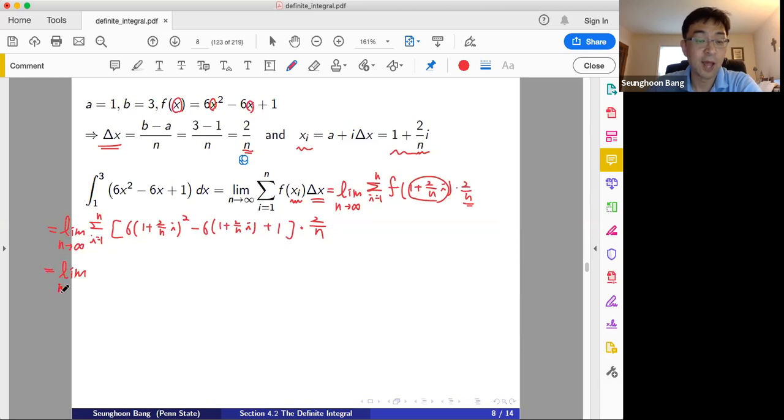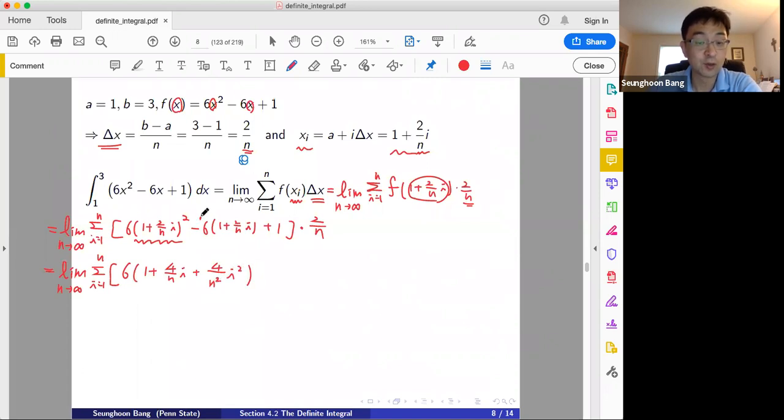The next thing, limit as n approaches infinity, summation i equal to 1 to n. You have to simplify. For 1 plus 2 over n i squared, you can do the FOIL rule. So we have 6 times (1 plus 4 over n i plus 4 over n squared i squared).